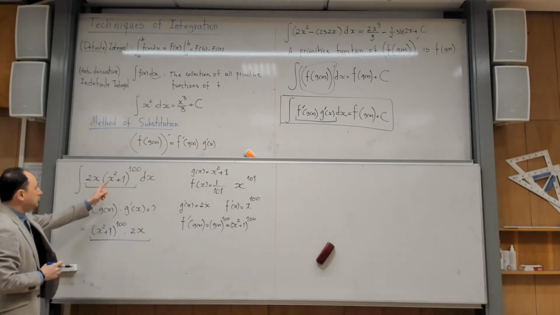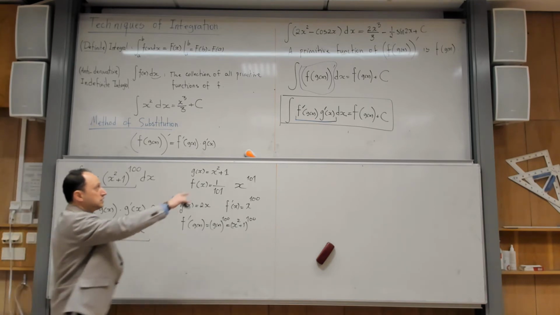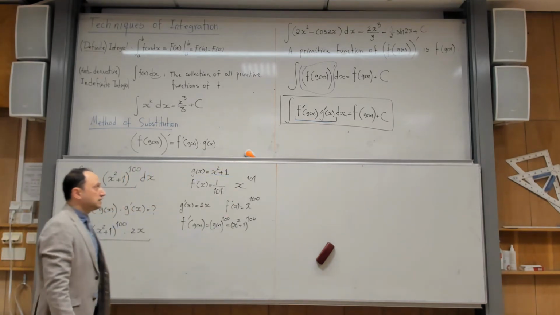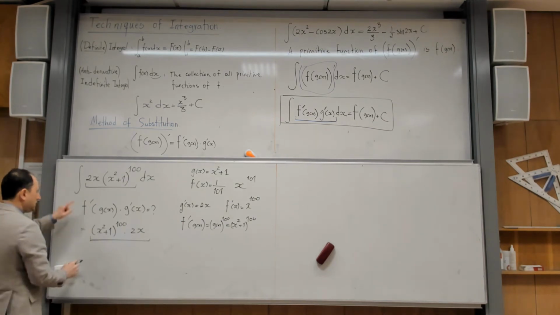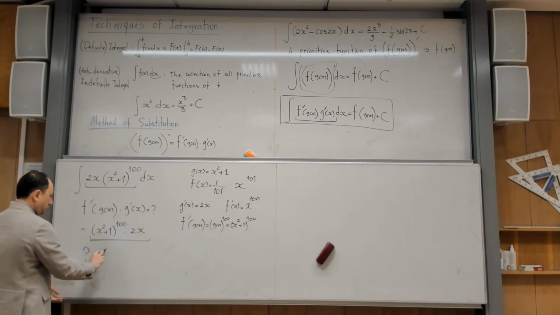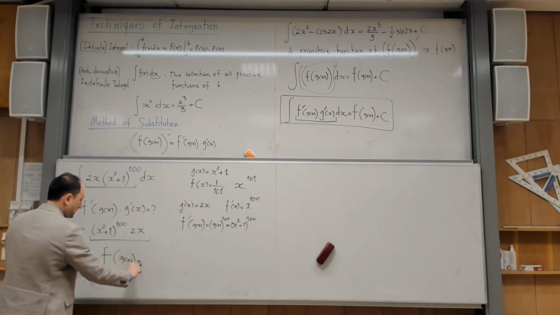So then it means that if I ask you what is the answer to this integral, it's on the board. What is that? It is f of g of x plus c. So the answer to this integral question mark becomes f of g of x plus any constant c.